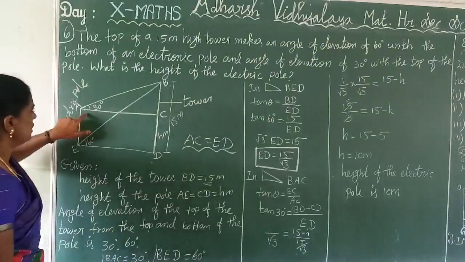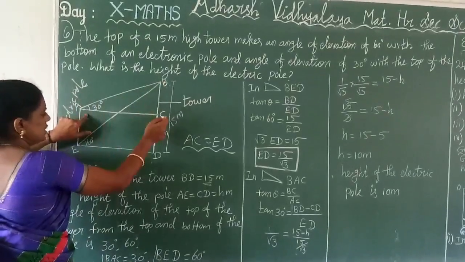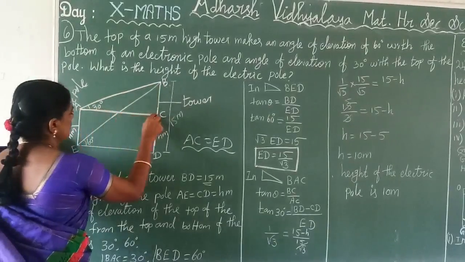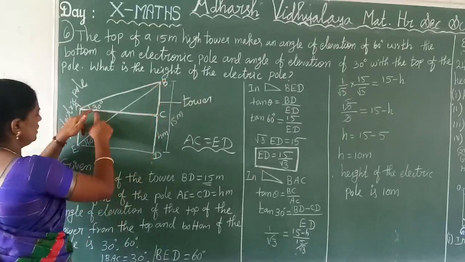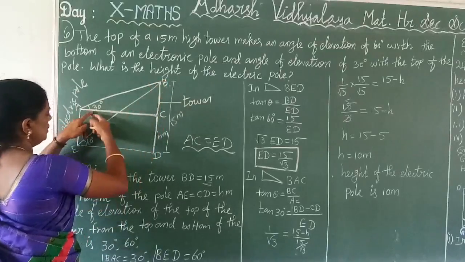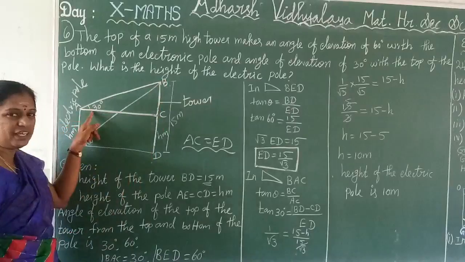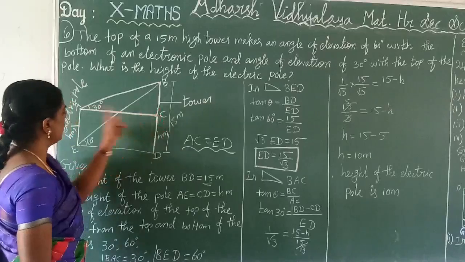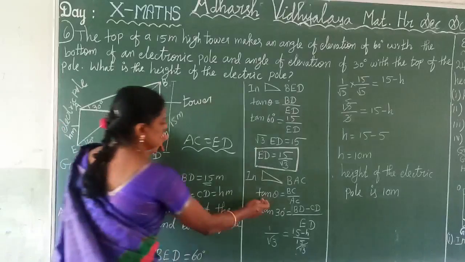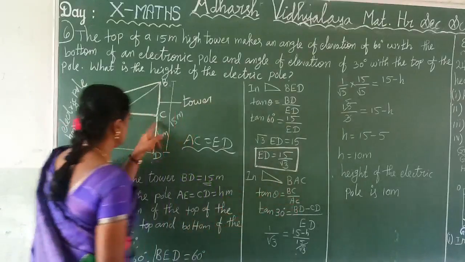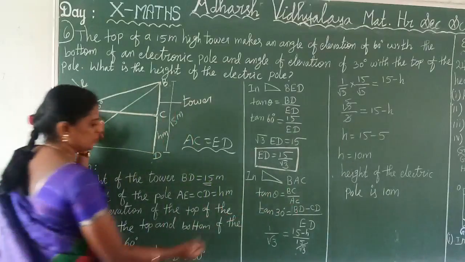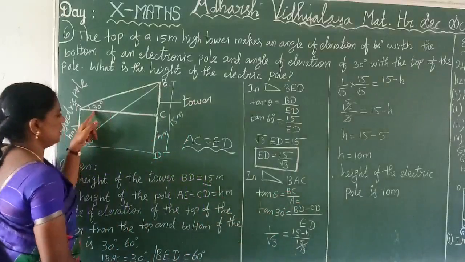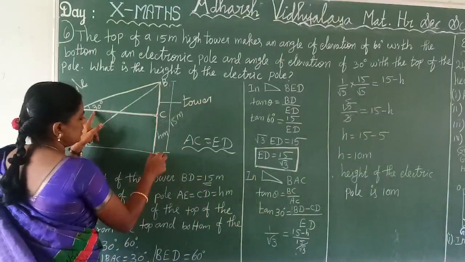Next, which triangle? BAC. Choose this triangle BAC. This one is theta, this one opposite, this one adjacent. So which ratio do we apply? Tan theta. Tan theta is equal to BC by AC. Theta is 30 degrees, so tan 30 degrees is equal to BC by AC. How do we write this BC?